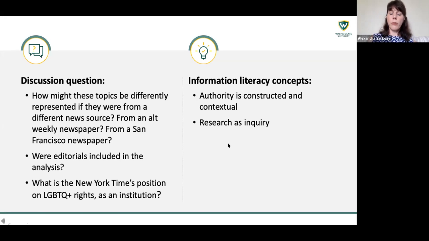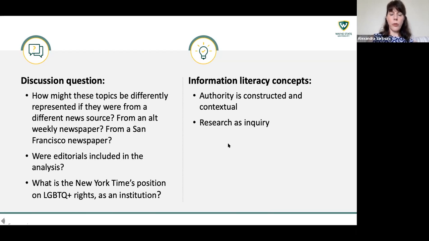So I did raise some discussion with students to pair this up with the information literacy. And I asked, how might these topics be represented if they were from a different news source? For instance, a San Francisco newspaper, where in the 80s, 90s, and 2000s, gay culture was much more accepted in the wider culture than it was in New York City.